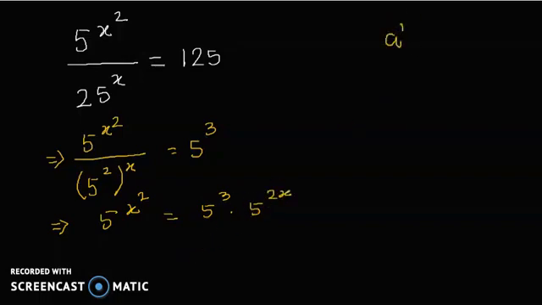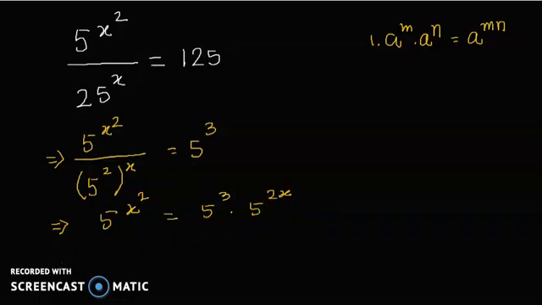A raised to power m, whole raised to power n is a raised to power mn. This is a famous exponential equation formula. So I have used this, and 2 times x is 2x.